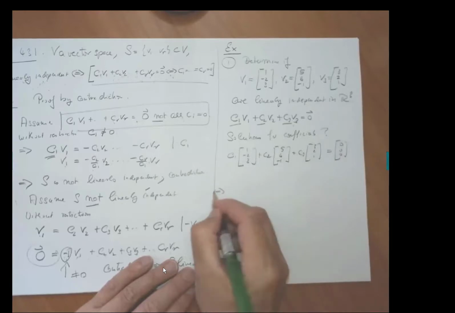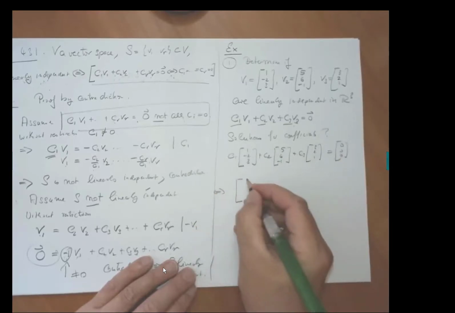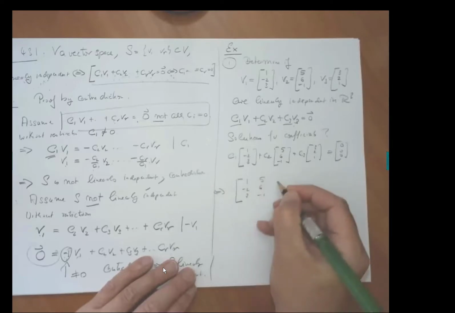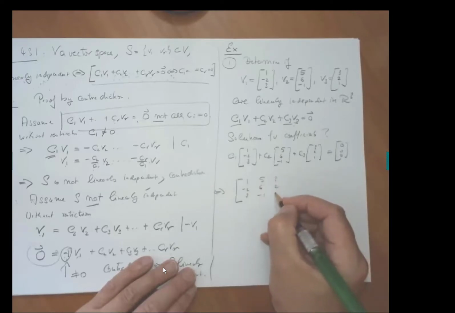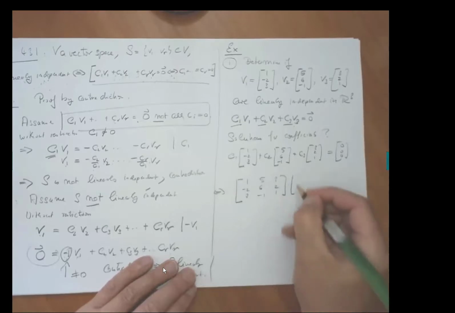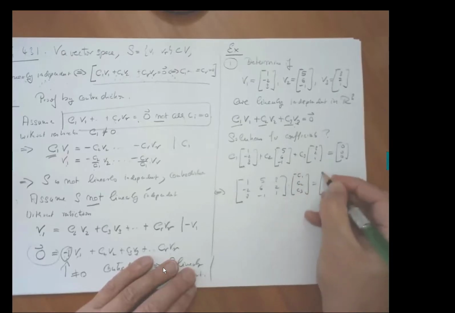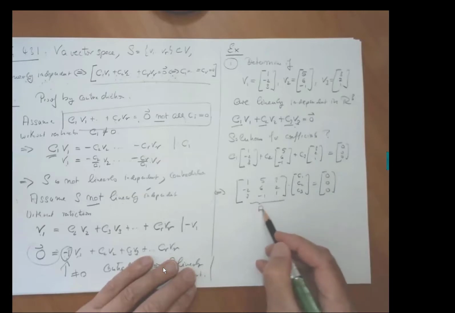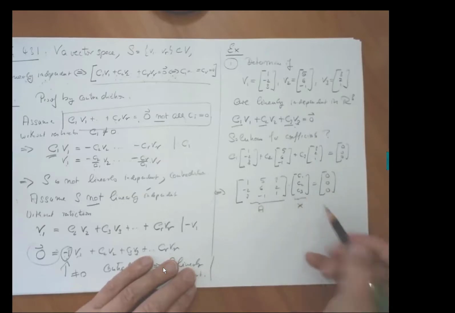And this obviously is equivalent to the matrix with rows (1, 5, 3), (-2, 6, 2), (3, -1, 1), times C1, C2, C3 equal to 0, 0, 0. And so we have a linear equation system with this matrix A. Let's call this vector X, our unknowns, and this is the zero vector, so it's homogeneous.